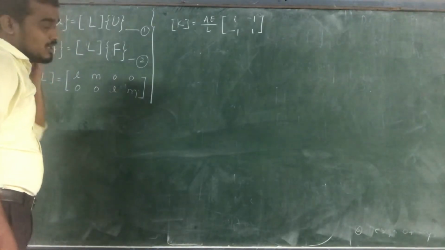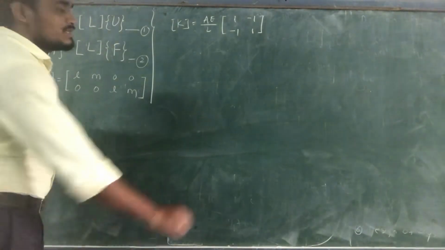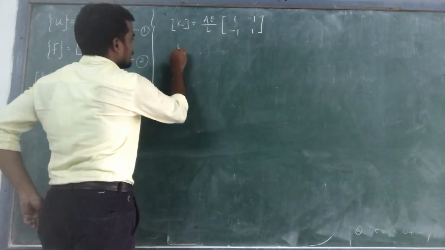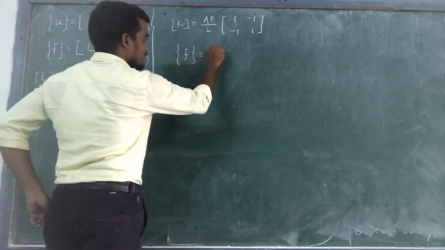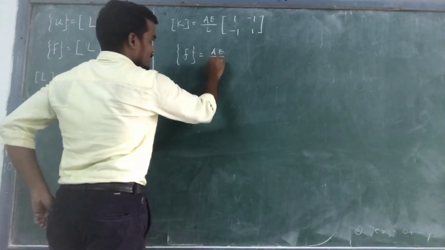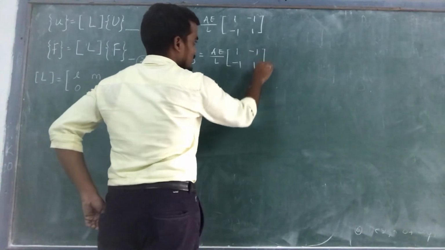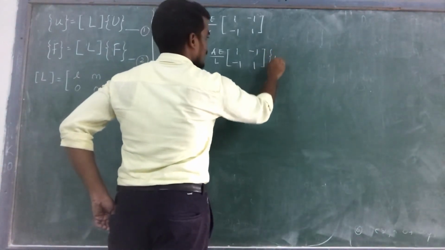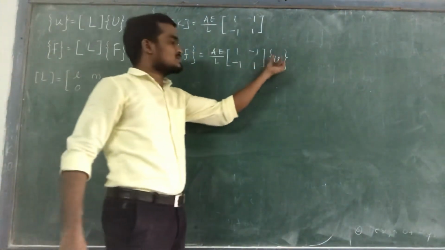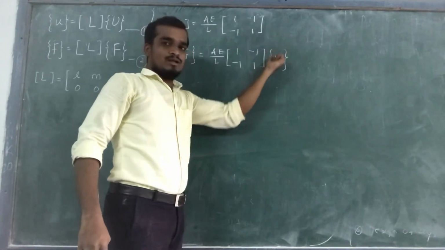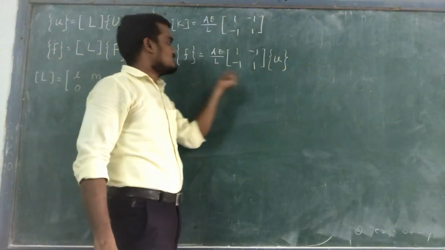For this we know that the force and displacement relationship is given by the formula f is equal to A by L in bracket 1 minus 1, minus 1 1 into u, where f is for this element f1, f2, and u is the nodal variable u1, u2. As we know, for bar element we can write our force and displacement relationship by using this equation.